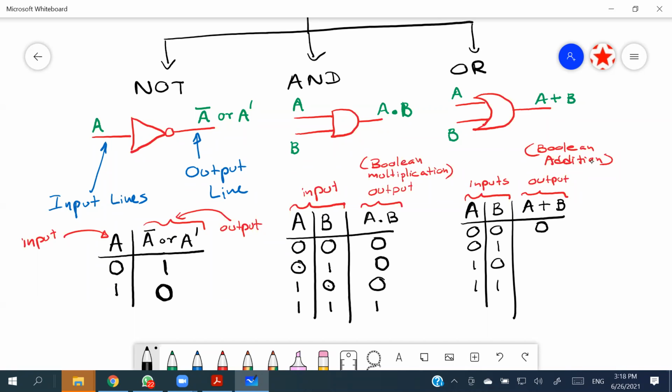When 0 and 1 are received, they are added together and given the answer. When 1 and 0 are given to A and B, they are added together and given the answer. When 1 and 1 are received, they are added together, but your answer according to Boolean addition is going to be 1.